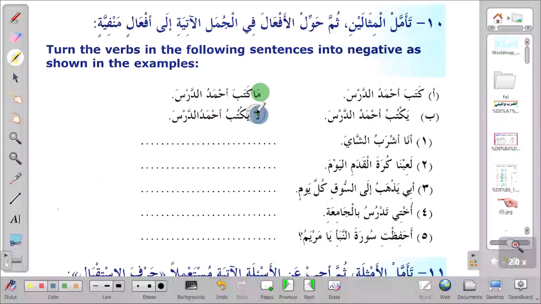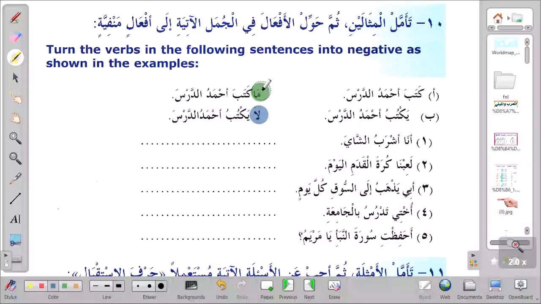I will use what? La aktubu. I am not writing. So in simplicity, ma is used for negating past tense verbs, and la is used for negating present tense verbs, or future tense verbs. It's the same. La is used for negating present and future, but ma is used for negating past. So don't mix them.